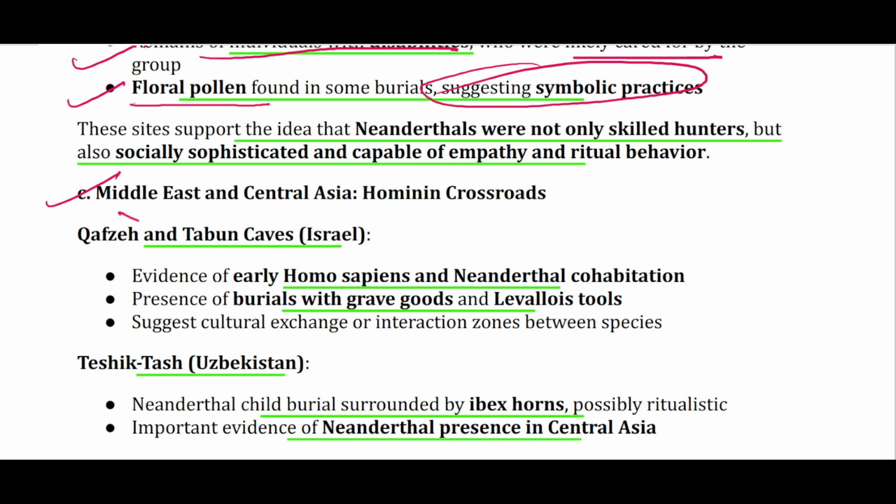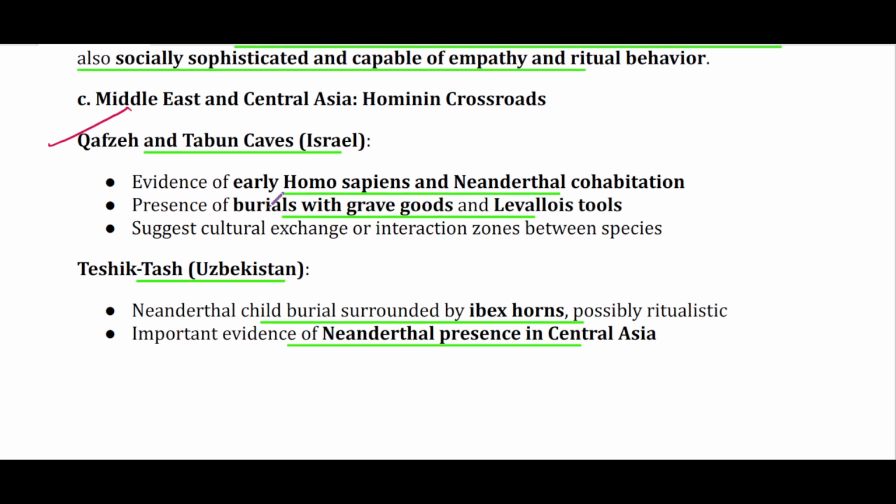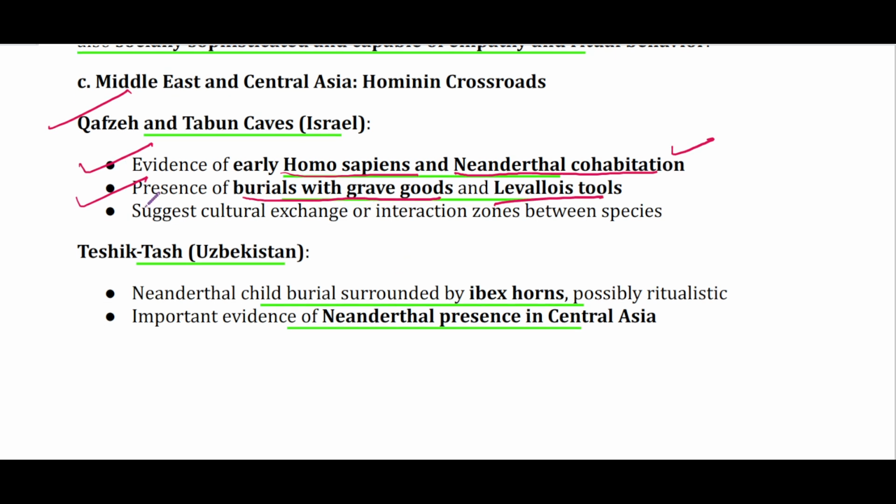Where Middle East and Central Asia, that is at the crossroad of both the hominins, Homo sapiens and Neanderthals. So these two caves, Kafze and Tabun caves in Israel, show evidence of early Homo sapiens and Neanderthal cohabitation. And there is presence of burial with grave goods and Levallois tools.